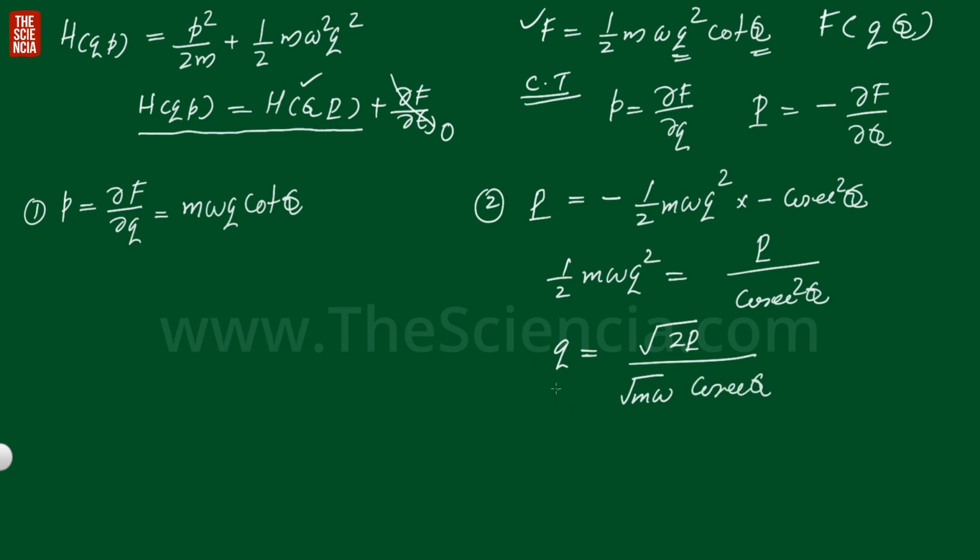So now you can see the left hand side is the old coordinate system and the RHS is the new coordinate system, right? And now we can substitute this q value here.